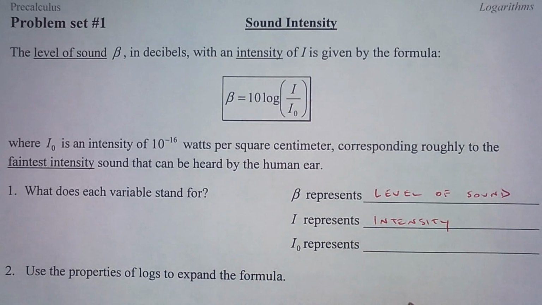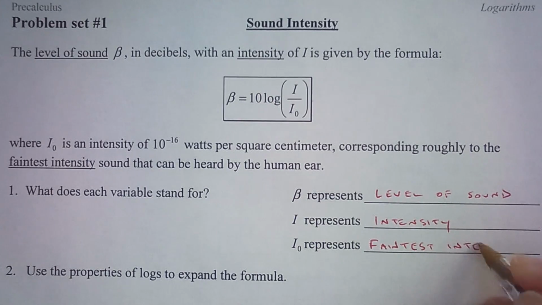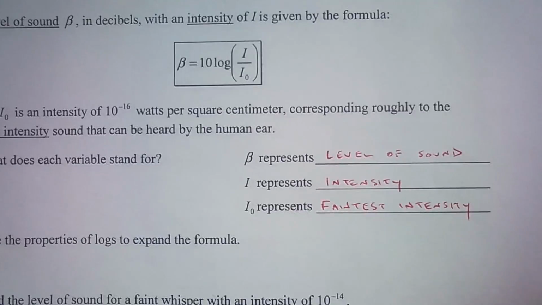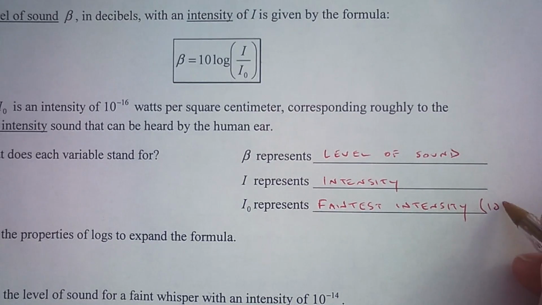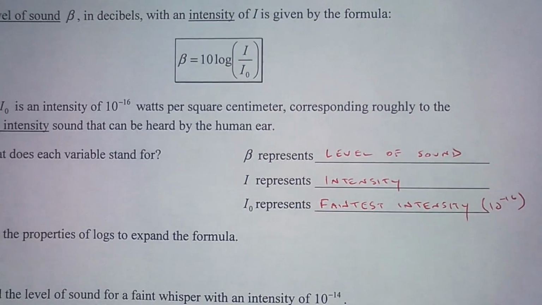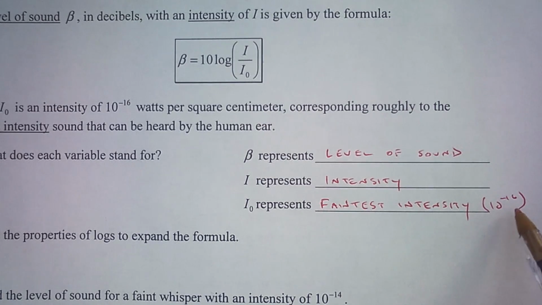I sub 0 is the faintest intensity that can be picked up by the human ear, and it is approximately 10 to the negative 16. Okay, so that is an approximation of the faintest intensity that the human ear can hear.